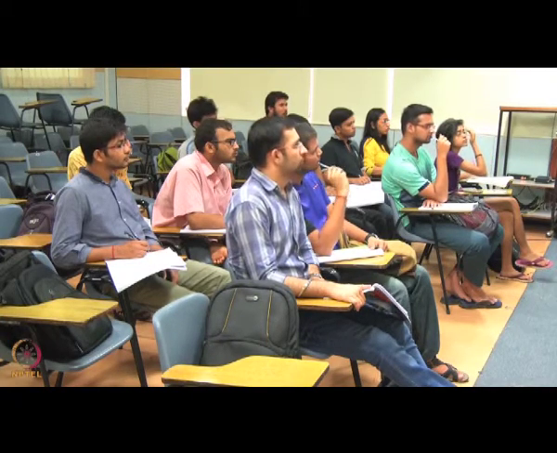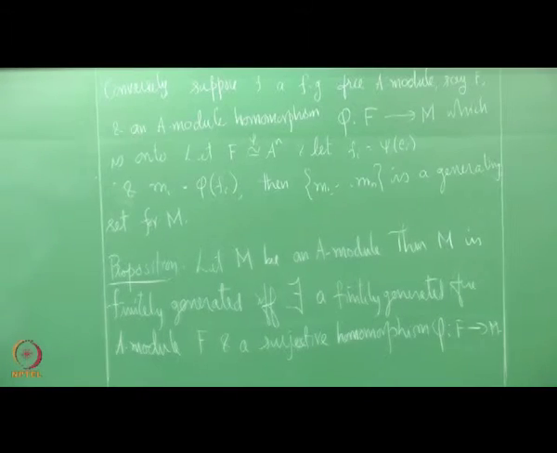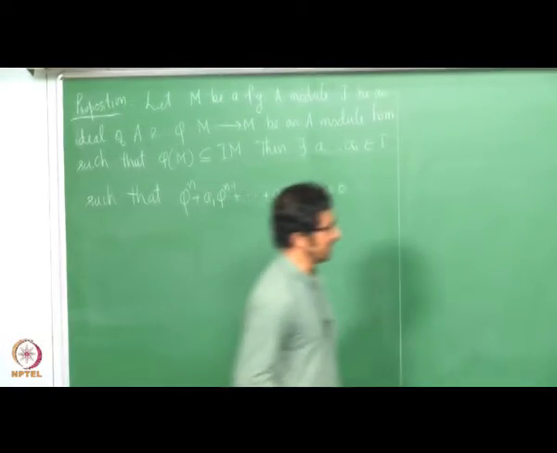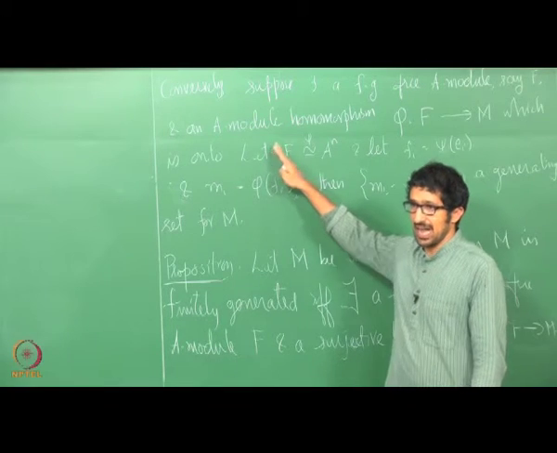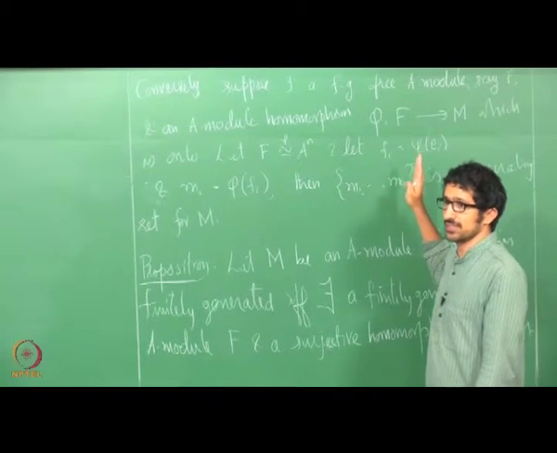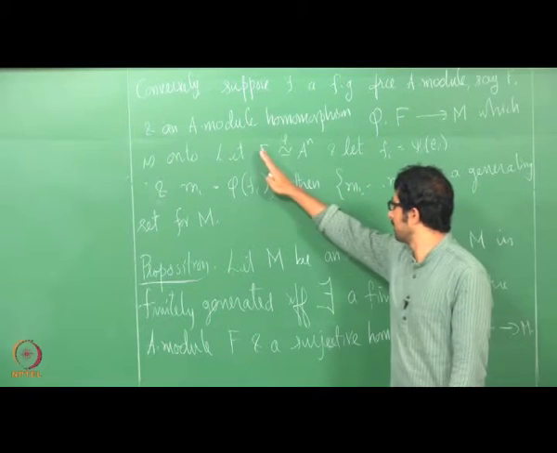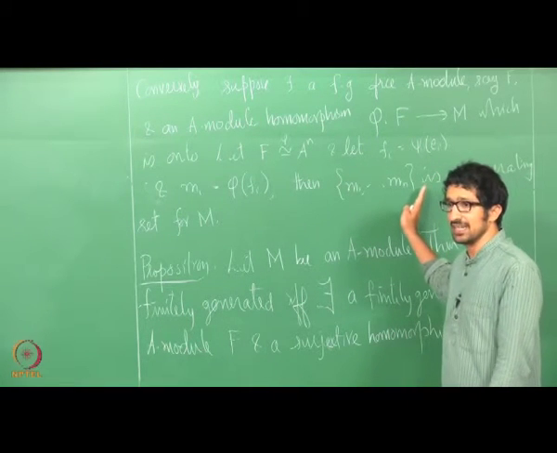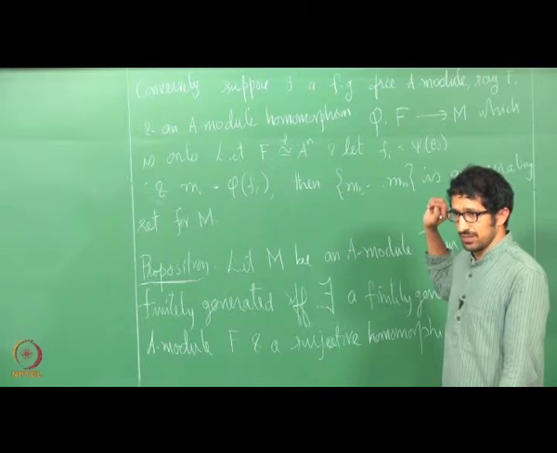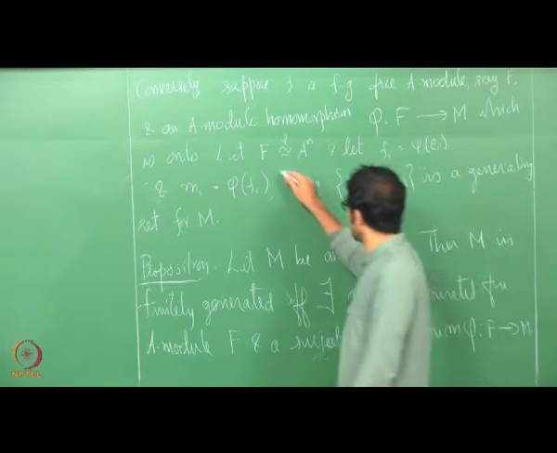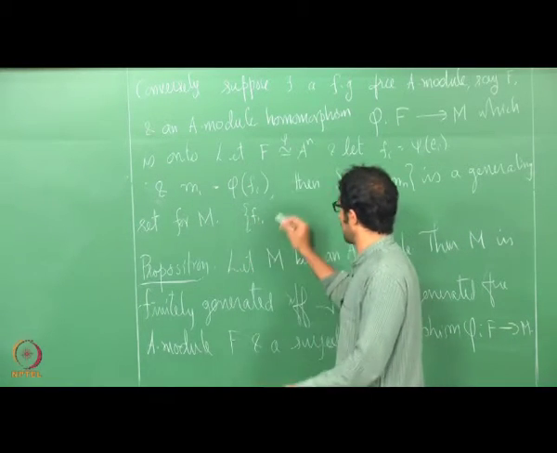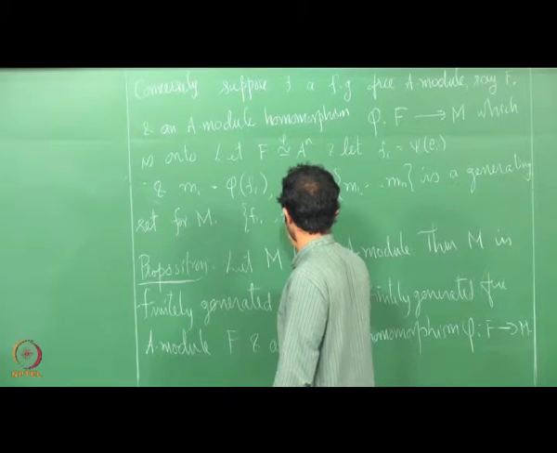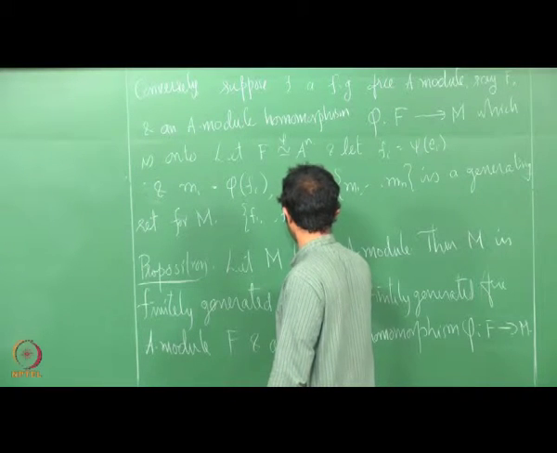So what we have ultimately done here is taken a generating set of this module and mapped it to the corresponding generating set in M. Okay. So here if I have a generating set, let it be f1 up to fm.